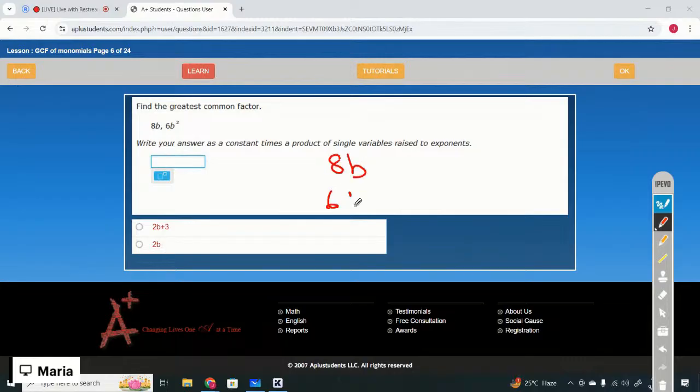8b and 6b square: 2 times 2 times 2 times b, and 2 times 3 times b times b.